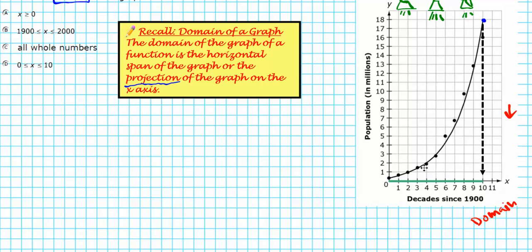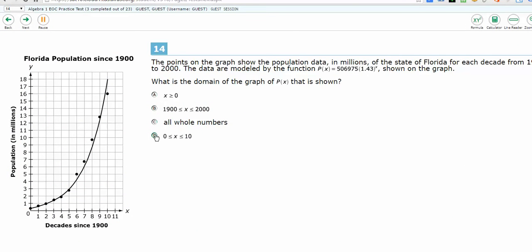Since we're projecting downwards, the width goes from 0 to 10. So that's what our domain is. Our domain, how wide the graph is, or the projection on the x-axis, is 0 less than or equal to x less than or equal to 10. Option letter D.